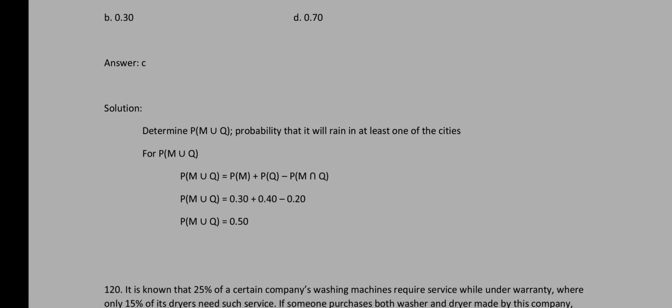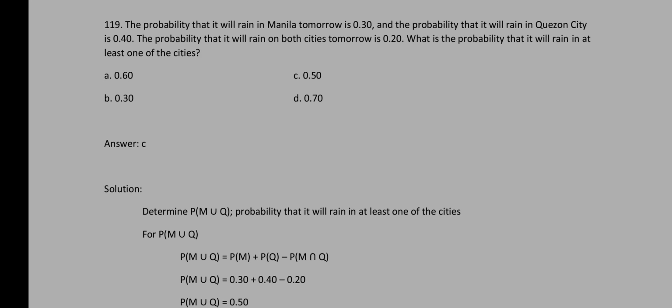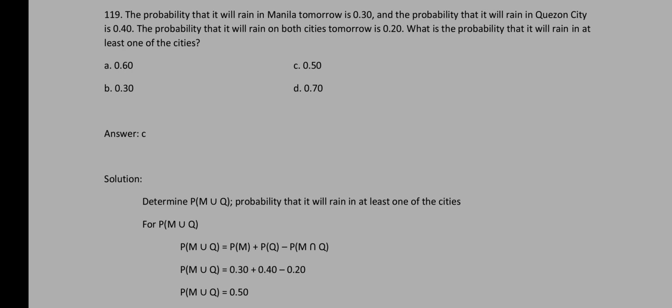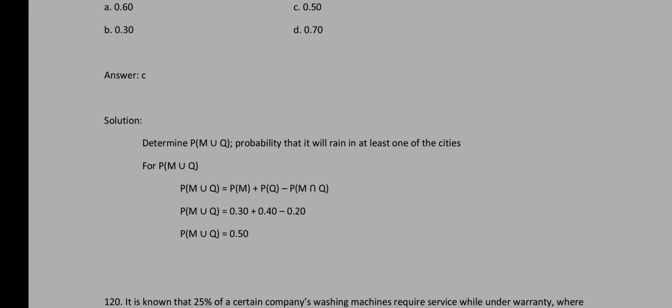Therefore, yung P ng M union Q is 0.50. Letter C. Yan ang sagot dyan. Okay? Pakitandaan ng tanong, sagot na dyan ay letter C. Solution ay ito. Okay? Next.